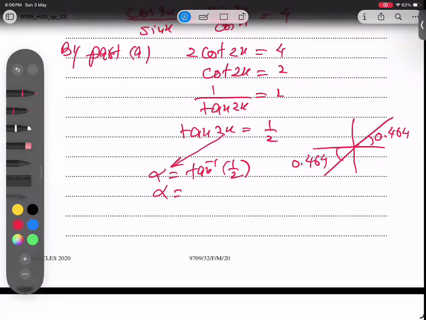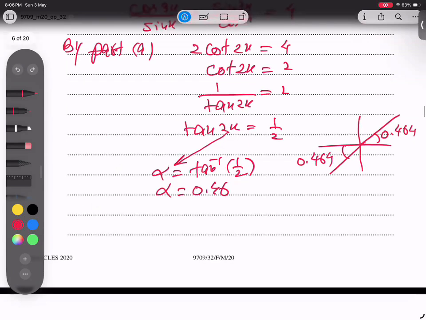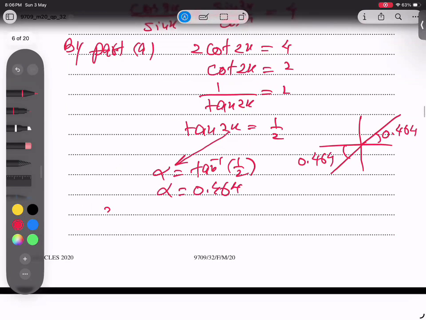My first answer is what? 0.464. I bring double x down here. So my first answer is 0.464 and the second answer is pi plus 0.464.